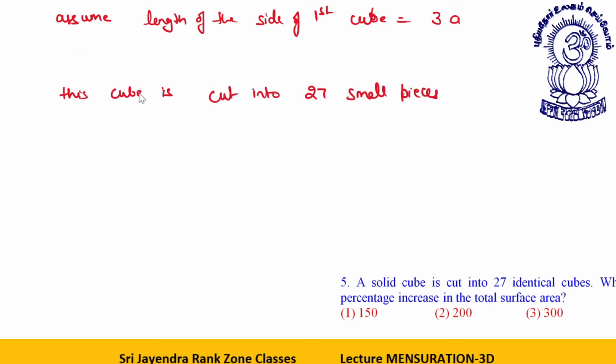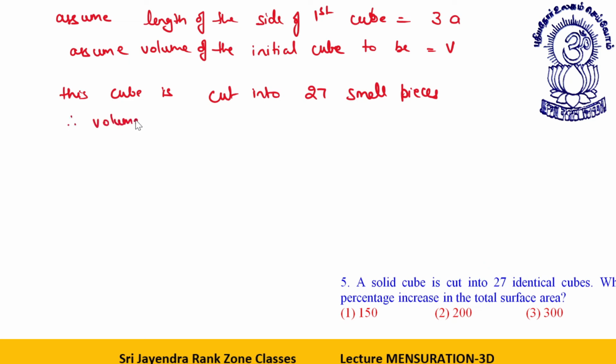Here I say, assume the volume of the initial cube to be, let's say V. This cube is cut into 27 small pieces. Therefore, the volume of each new cube will be what? V by 27.